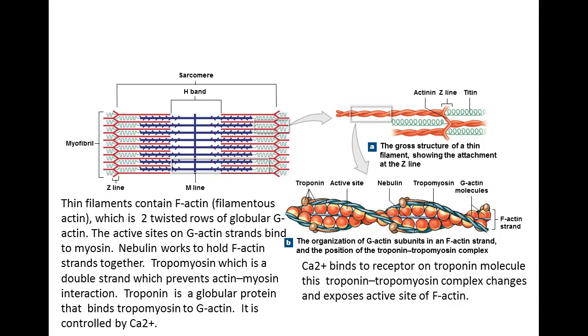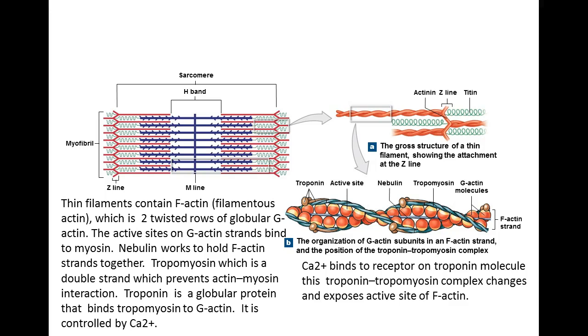And troponin is a protein that is going to bind to tropomyosin, which is actually on top of the active site, and keep this muscle from contracting. So when you have the tropomyosin-troponin complex attached to the active site, the G-actin site, no contraction is going to take place.